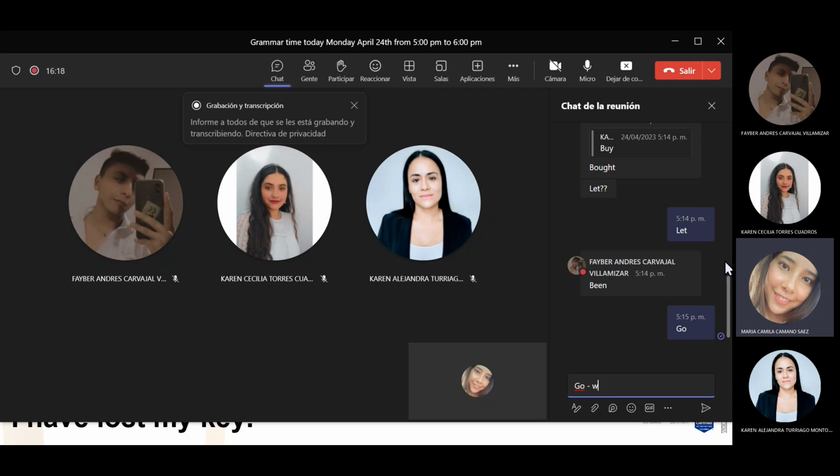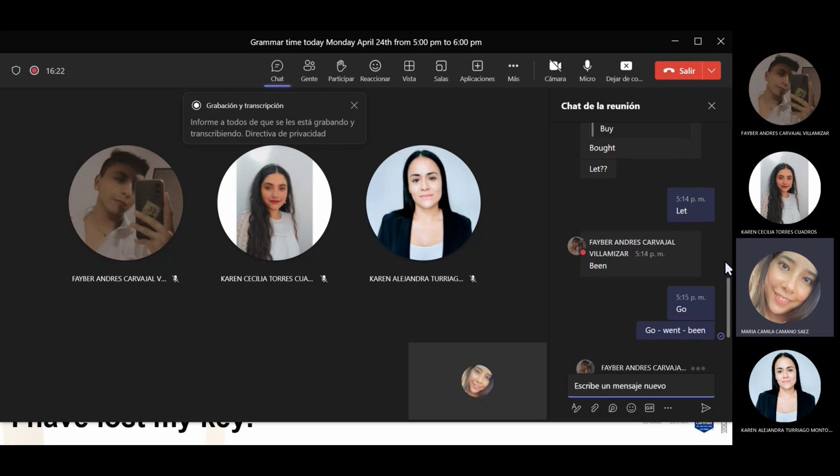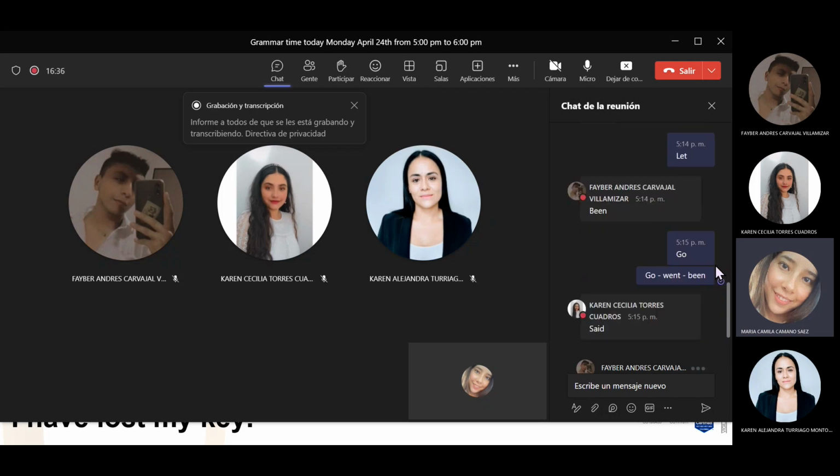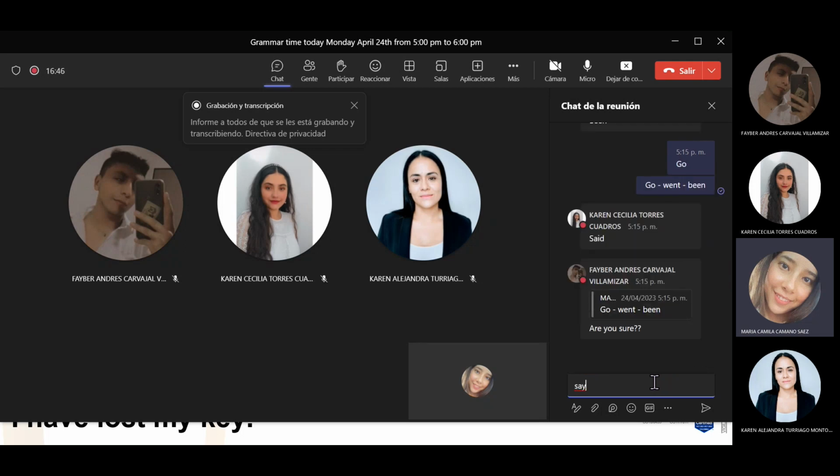Go, went, and been. Base form, past simple, and past participle form. For example, another one is put. Put said. No, because said is the past simple form of say.